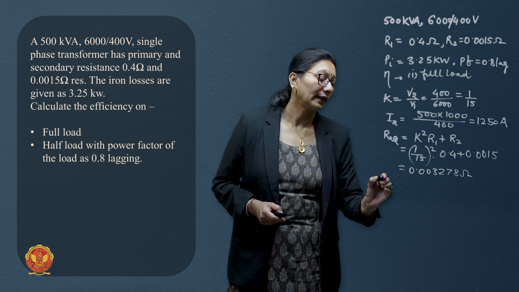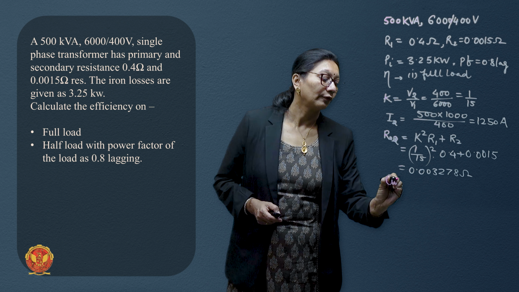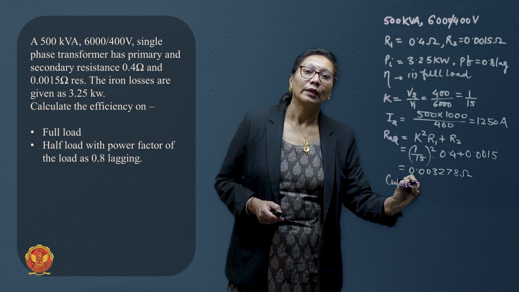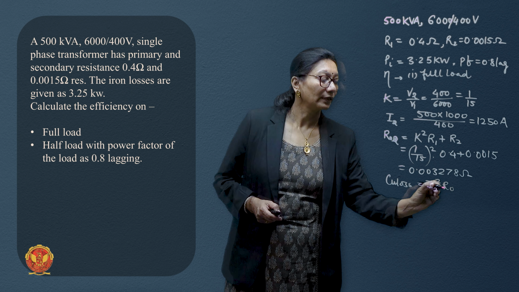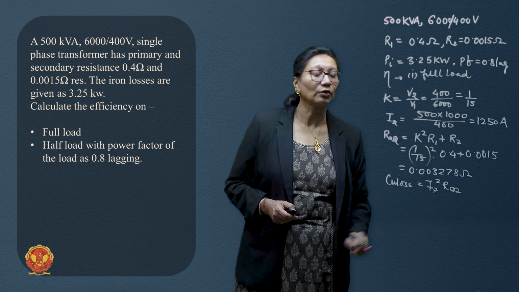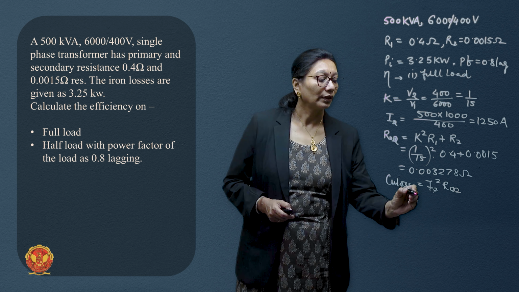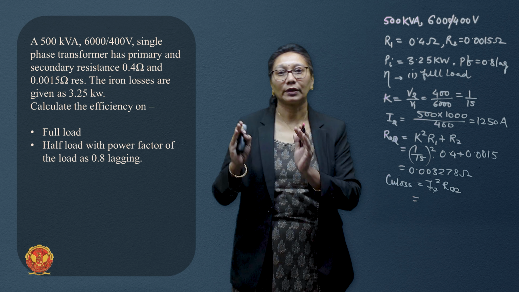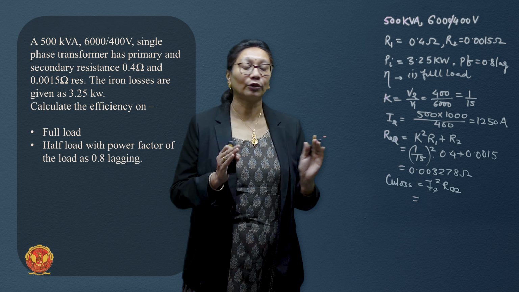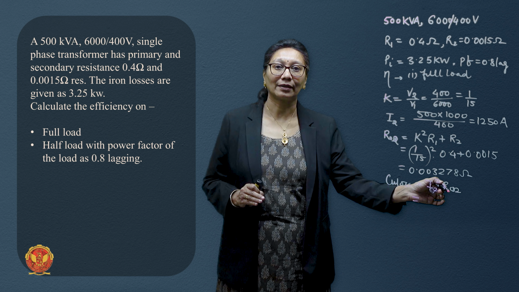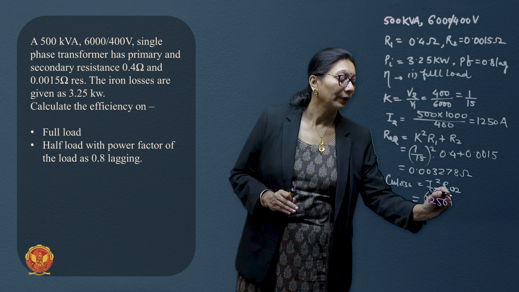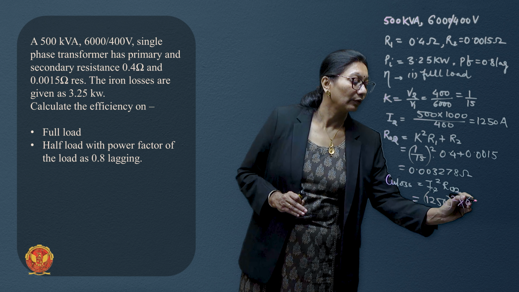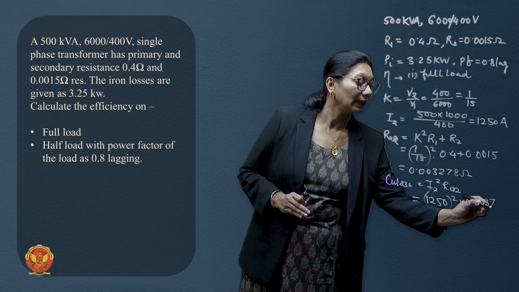Now we have to calculate the copper loss at full load. It is I2 square R2. This is the referred value of resistance on the secondary side. So this will give us total copper losses, primary as well as secondary. Why? Because here we have the total resistance. So it is 1250 whole square into 0.003278 ohms.